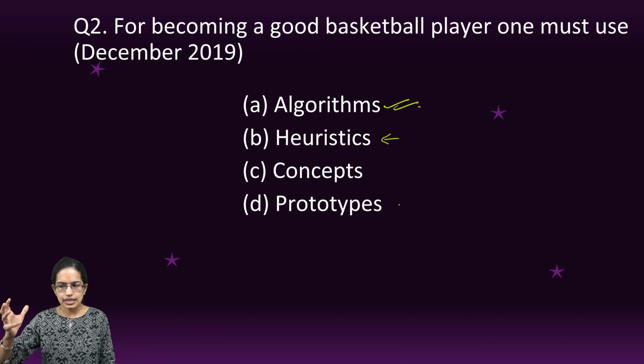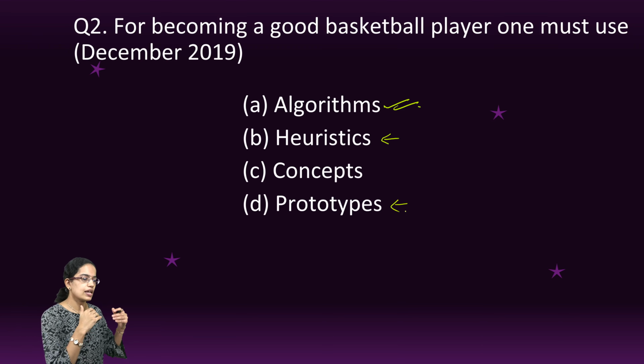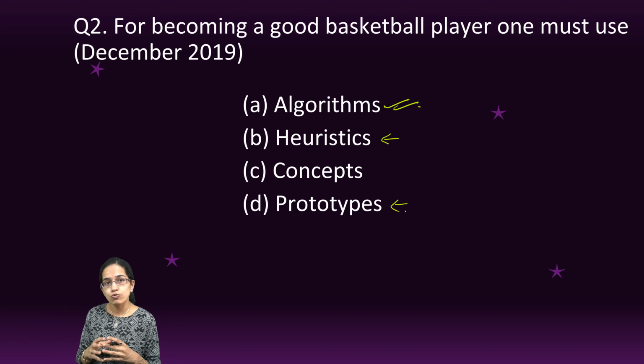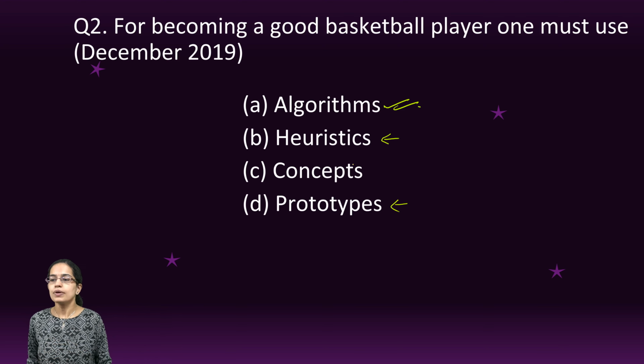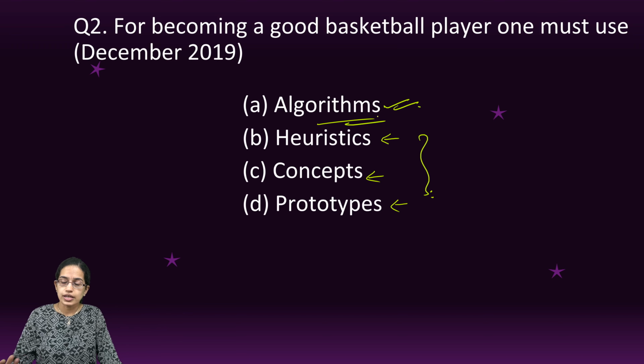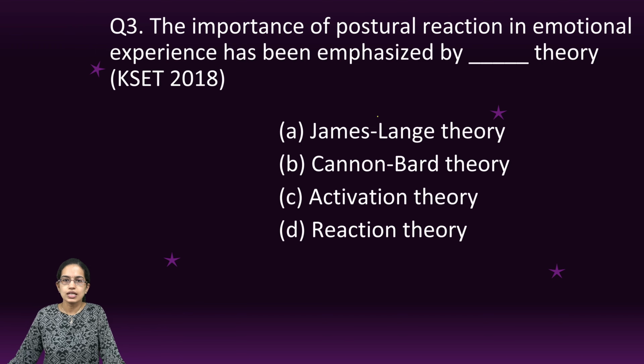Prototypes are mental structures that basically reflect what is perceived. So that is the basis of a prototype, and concepts are mental groupings of similar things or similar objects together. So those three definitions again we have understood. But yes, for a good basketball player, understanding a step-by-step solution and doing good is important. So algorithms is the right option.